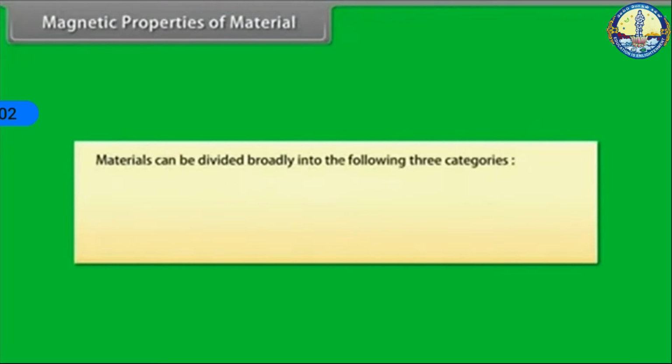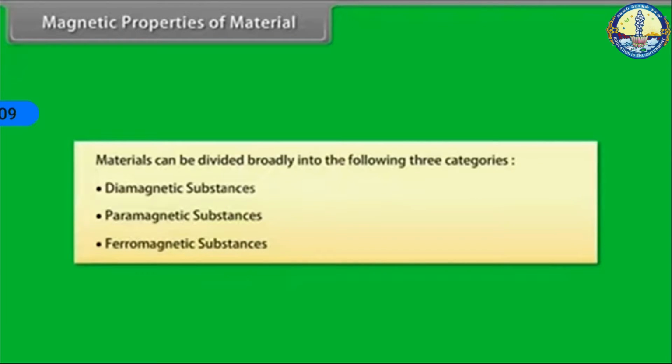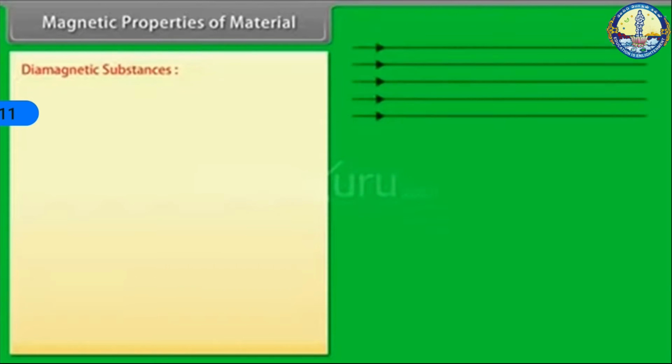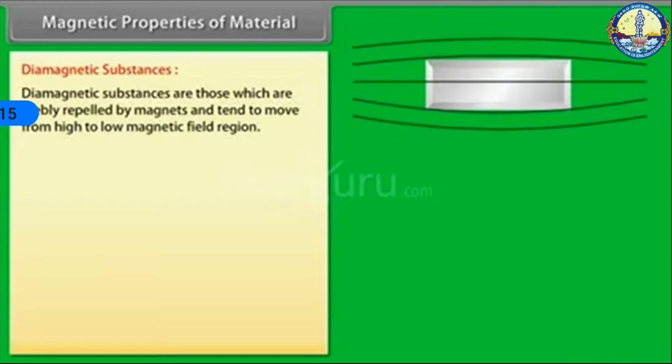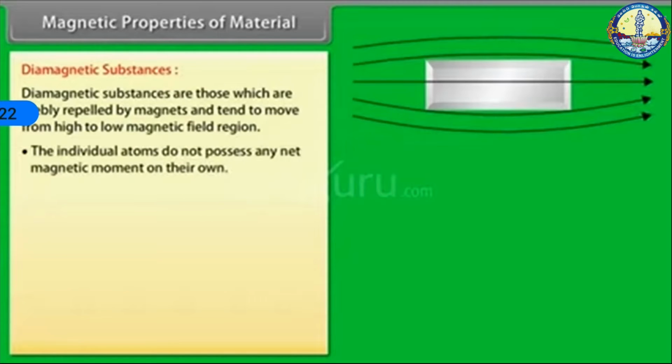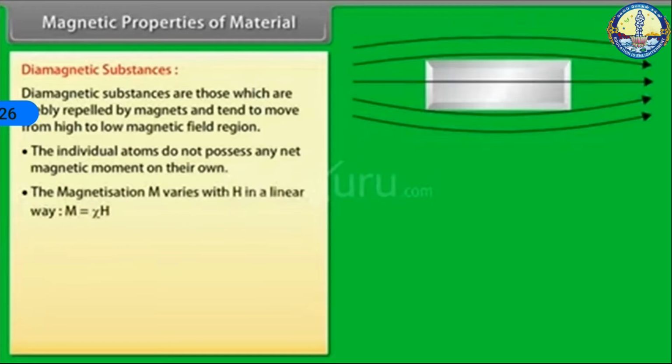Classification of magnetic materials. It has three categories: diamagnetic substances, paramagnetic substances and ferromagnetic substances. Diamagnetic substances are those which are feebly repelled by magnets and tend to move from high to low magnetic field region. The individual atoms do not possess any net magnetic moment on their own.